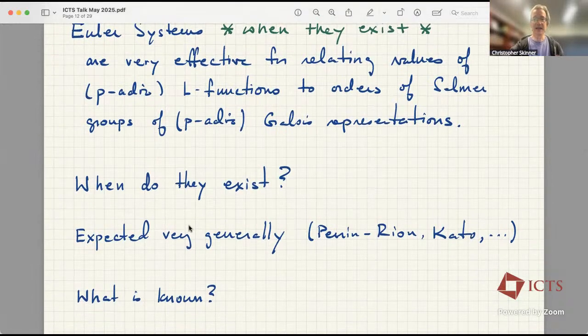All right, well, assuming not, then I will move on to saying something about when Euler systems exist.